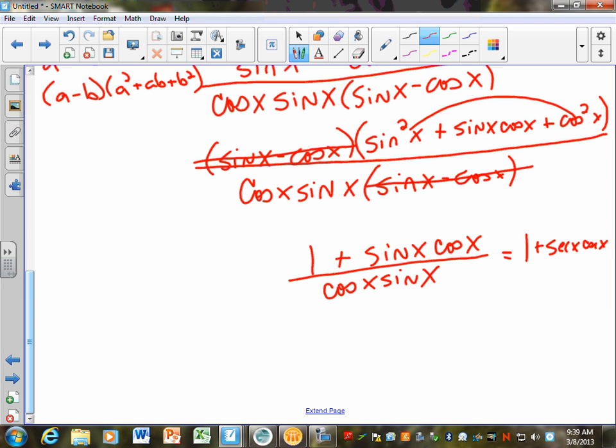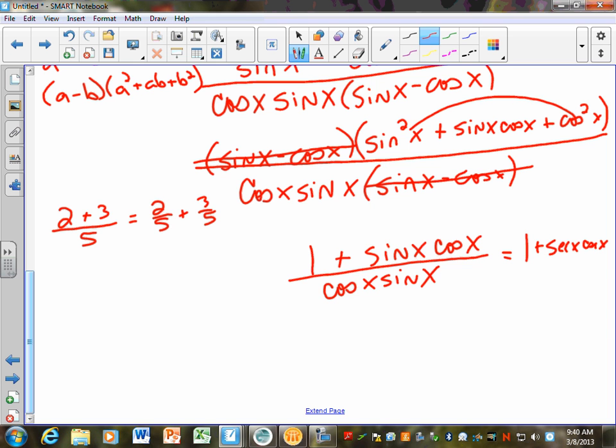And then this is another thing that shows up a while. Usually we're trying to get a common denominator, but now we have a fraction and we don't want a fraction, and so this is what I call undoing a common denominator. If you have a monomial denominator, meaning no addition and subtraction, you can separate that. It's like undoing a common denominator. If you have 2 plus 3 over 5, that's the same as saying 2 over 5 plus 3 over 5.